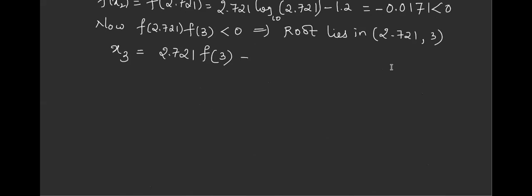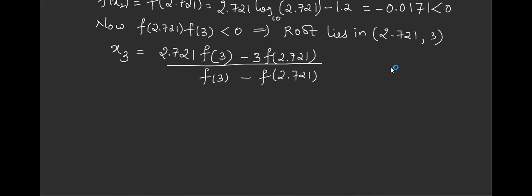Let us apply the same thing. What do I have to write here? Second value, then f of the first value. No doubt this is the regular regula falsi method formula only, but don't write it in terms of x. It will really create confusion. What do I have to write in the denominator? The same thing: f of 3 minus f of 2.721. Clear?